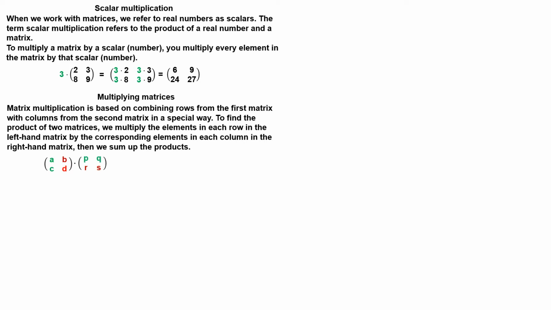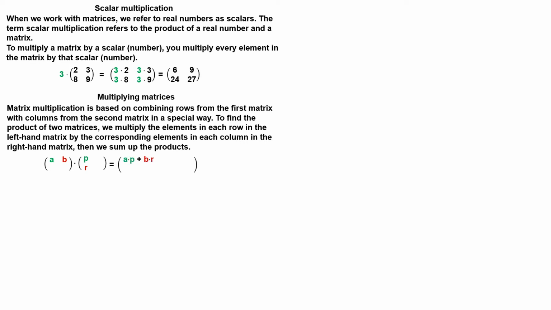We pick the first row of the left-hand matrix and the first column of the right-hand matrix to start with. We multiply matching members. Then sum up. Multiply the first element in the row by the first element in the column. Then add the second element in the row multiplied by the second element in the column.